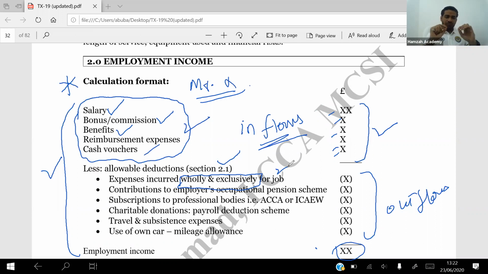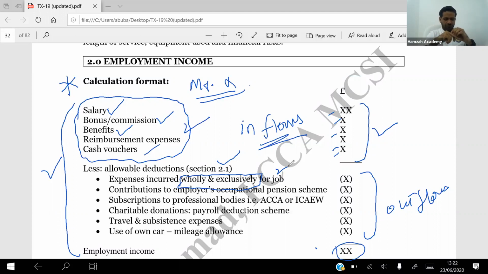So the first rule, which is very applicable to all of the scenarios, is that the expense was incurred wholly, meaning completely, and exclusively for the purpose of his job.